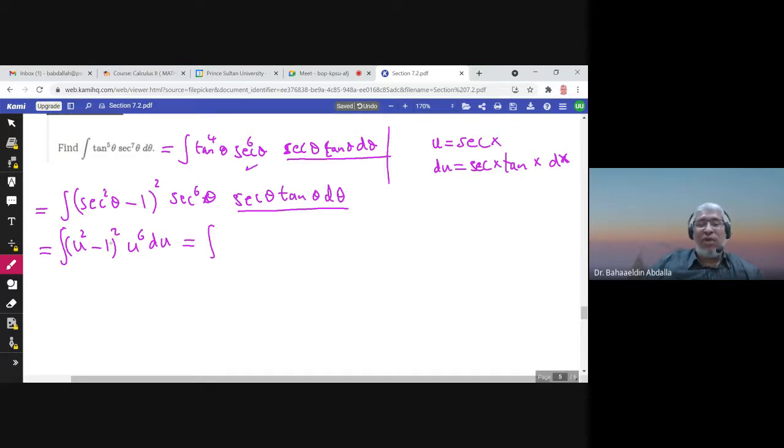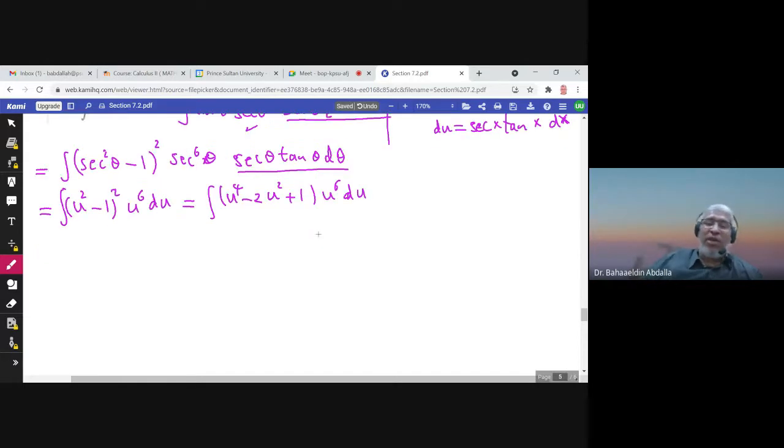First, I need to expand this. So I'll have u^4 minus 2u squared plus 1 times u^6 du. Now I have to multiply out the u^6. So u^6 times u^4 is u^10. u^2 times u^6 is u^8.